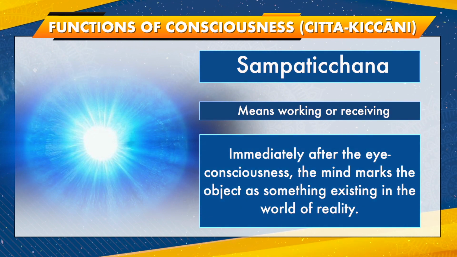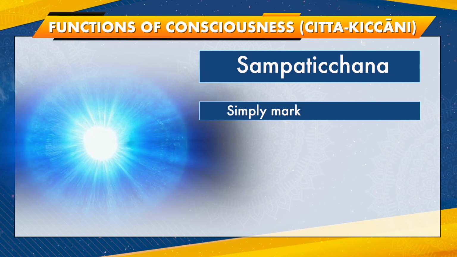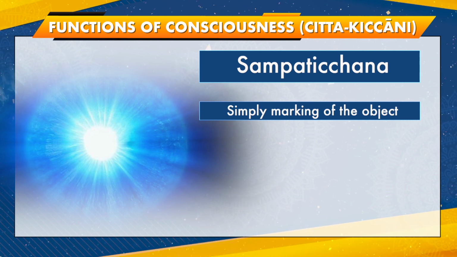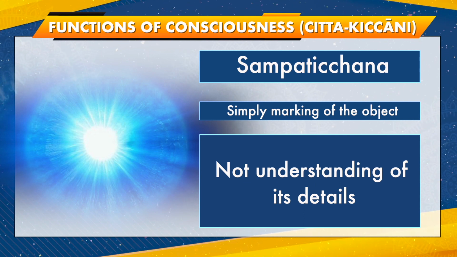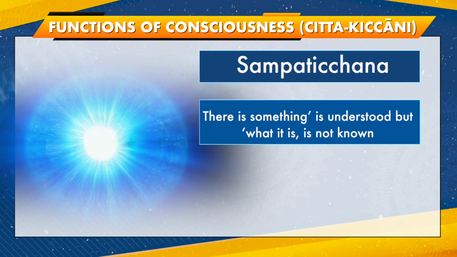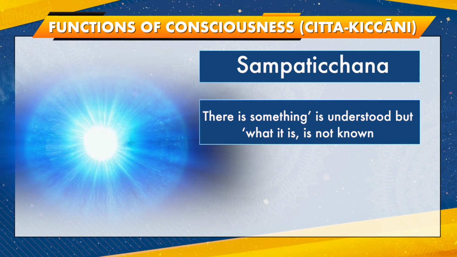Immediately after the eye consciousness, the mind marks the object as something existing in the world of reality. It is simply marking of the object and not understanding of its details. There is something which is understood, but what it is is not known.